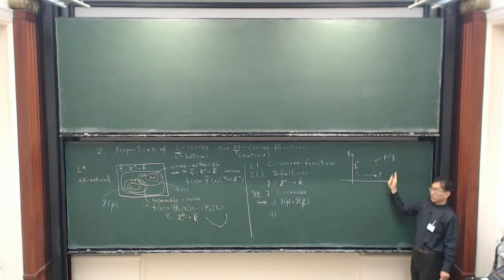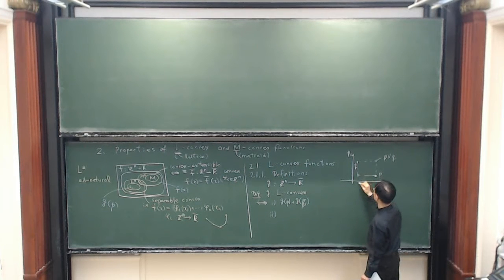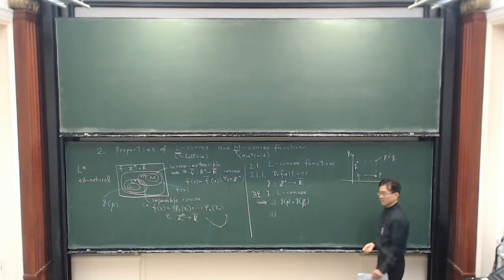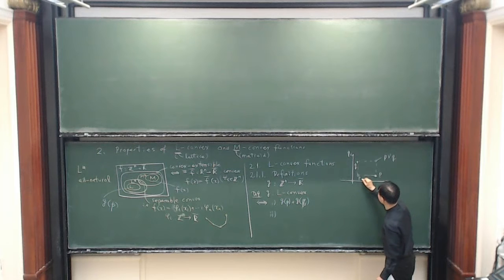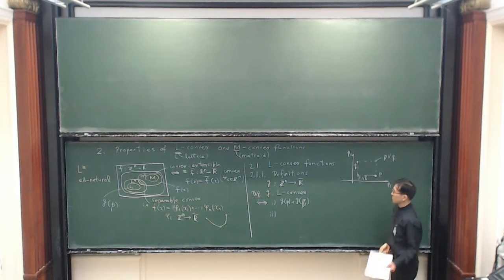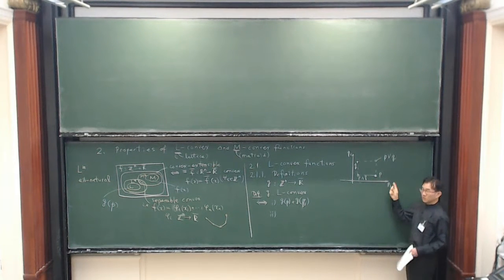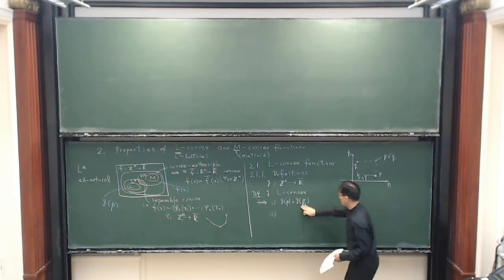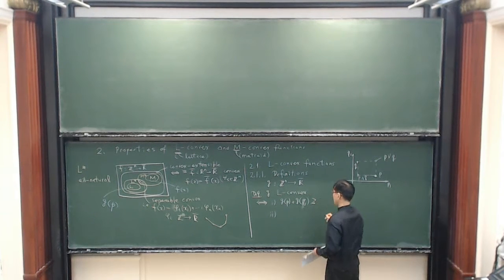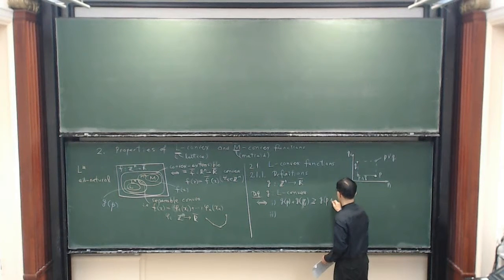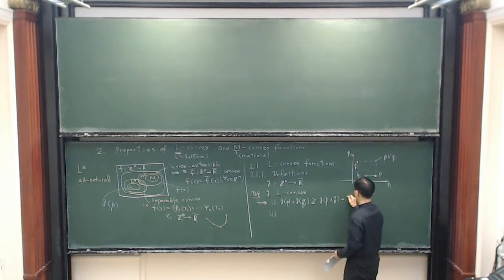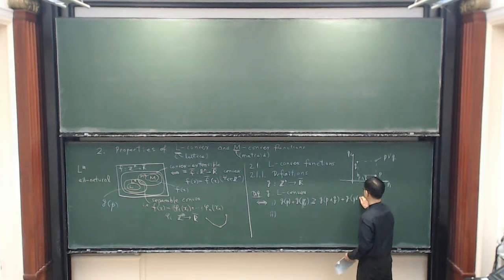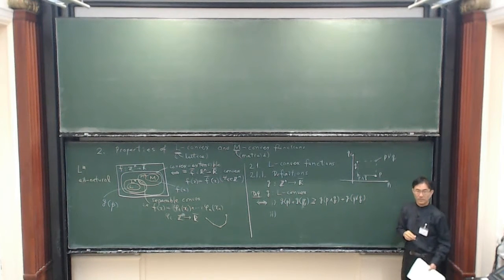So each component is a maximum of these 2. And this is the minimum. So submodularity on the integer lattice means that this is greater than or equal to this. This is the usual submodularity.